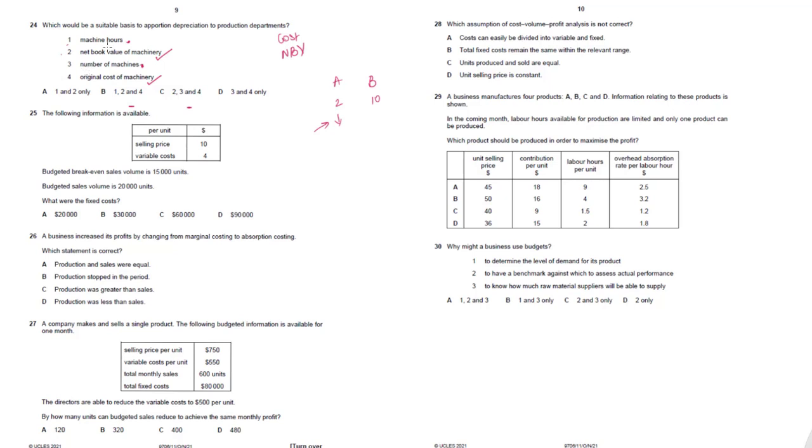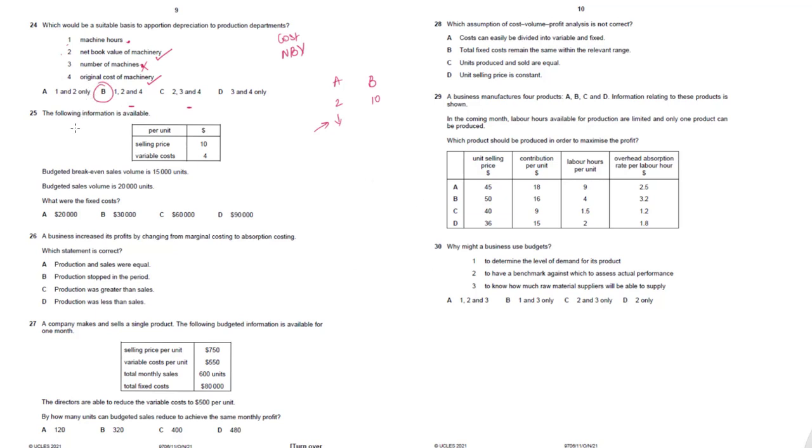Now between machine hours and number of machines, I think machine hours still is a better measure of how much depreciation should be apportioned, because more running of machines in any department is evidence that more depreciation should be given to that. Though it's not the most suitable method, at least there's some logic to it. But number of machines, as I gave you the example, there's no logic to it. So 1, 2 and 4, option B would be the right one for me, 24B.